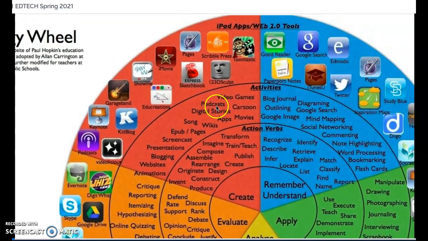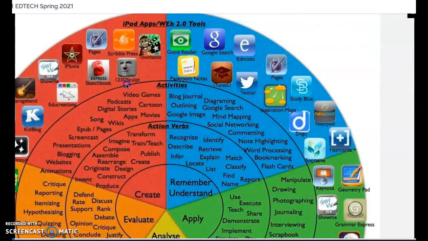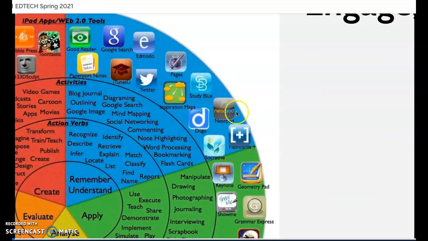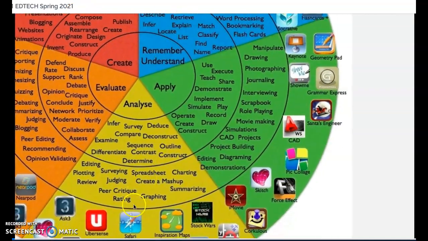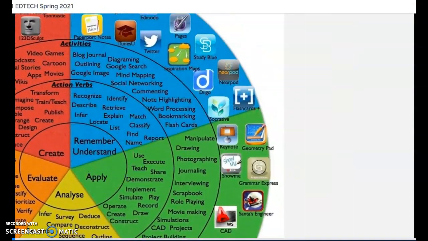So if you want to do a podcast, you could use the podcast application or GarageBand. If you want them to do some sort of blogging or presentation, you have all of these different tools to utilize. Here are the tools you might use for remembering and understanding and applying and then analyzing all the way down here.